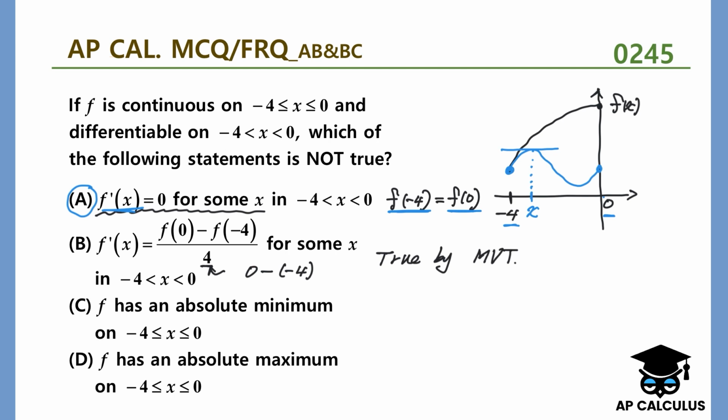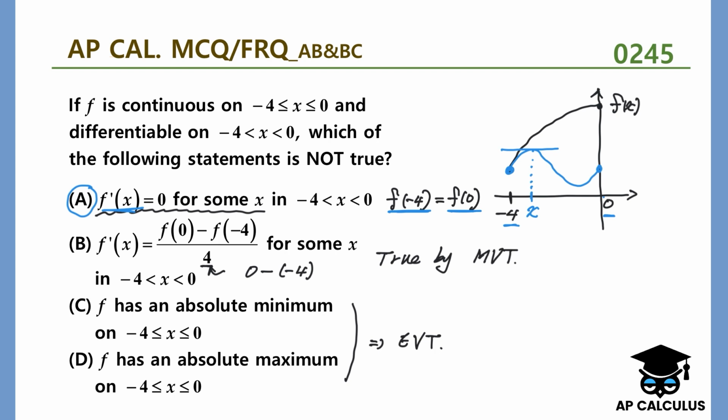Okay, answer choice C. It says f has an absolute minimum on this closed interval. This says f has an absolute maximum on this interval. Well, this is about the extreme value theorem, right? If a function is continuous on a closed interval, f has an absolute minimum and absolute maximum on this closed interval. That's the extreme value theorem. That's true, right?